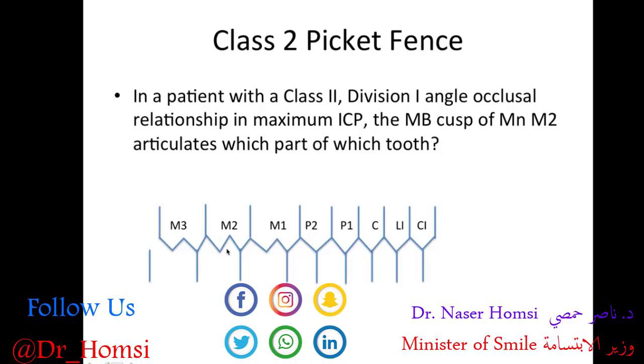Now let's go to the next slide. Alright, so if we find the second molar and then we find the mesial-buccal cusp, it's going to be articulating with the central fossa of the maxillary second molar. So you see, those aren't too bad. Those are a little harder to visualize, and so that's where the picket fence really comes in handy.